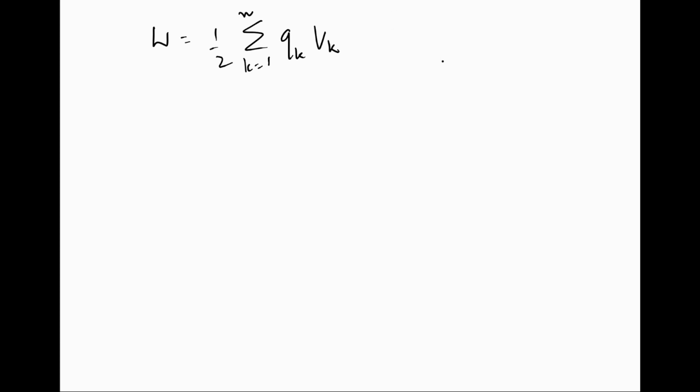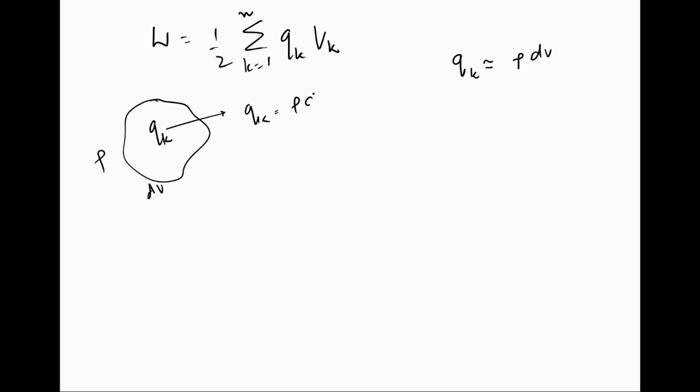This Q_k can be approximated as rho dV. This is a small charge Q_k enclosed in a volume dV with the uniform volume charge density rho. So this Q_k is equivalent to rho dV.